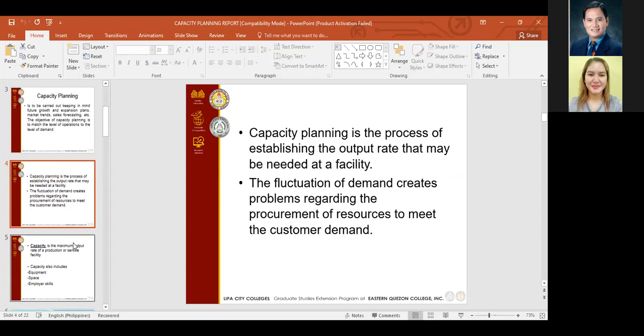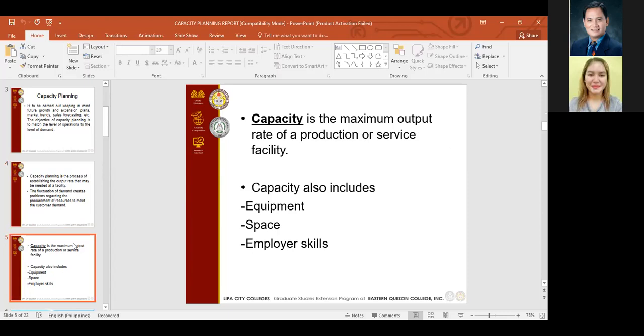Capacity planning is the process of establishing the output rate that may be needed at a facility, and the fluctuation of demand creates problems regarding the procurement of resources to meet the customer demand. Capacity is the maximum output rate of a production or service facility.